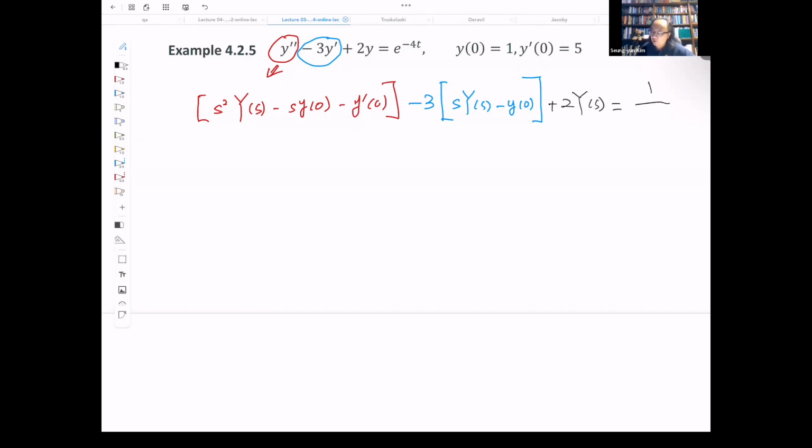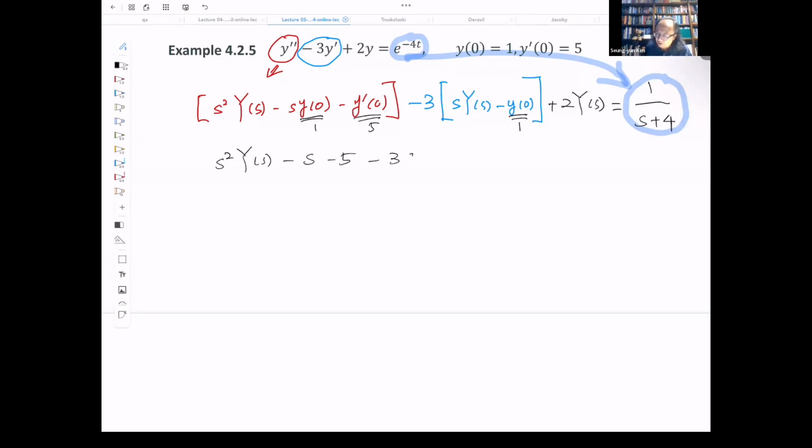It is 1 over s plus 4. We have y of 0 as 1, so this is 1. Y prime of 0 is 5. So this is 5. S squared Y of s minus s minus 5 minus 3s Y of s minus 3 times negative 1 plus 3 plus 2 Y of s equals 1 over s plus 4.